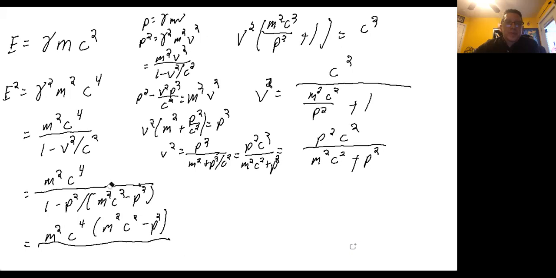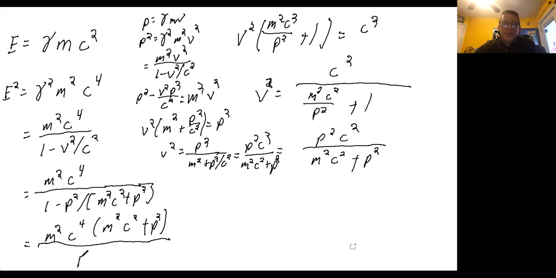And so you plug that in. So that becomes that. And so you have m squared c to the fourth times m squared c squared plus p squared, and then on the denominator m squared c squared plus p squared minus p squared.